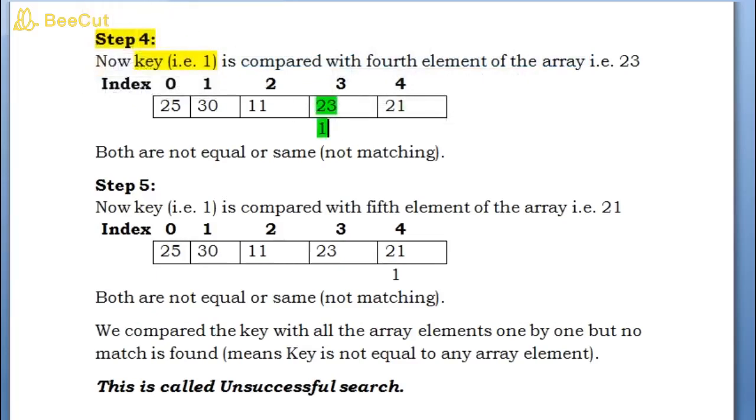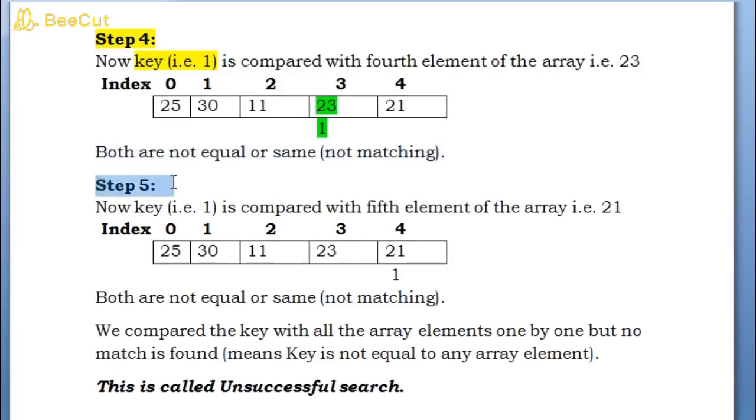I am comparing the key value with the fourth element of the array, that is 23. 1 and 23, are both same? No, both are not same or equal. Means the key is not matching with the array element. So we continue the same process. What is the same process? We have to compare the key value with the next element in the array.